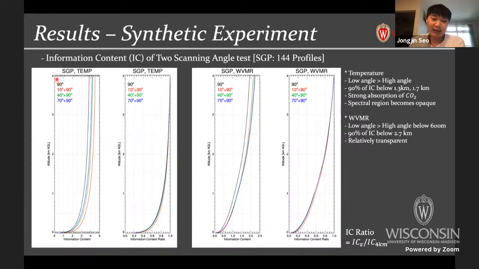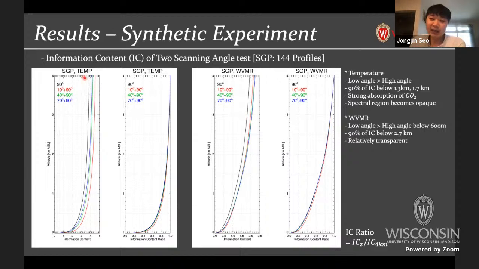Y is altitude and X is the information content and information content ratio from these equations. The black lines are single zenith, and red is 10 plus zenith, and blue is 70 plus zenith.